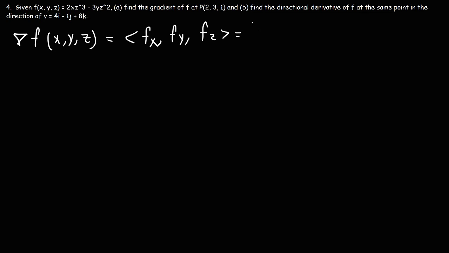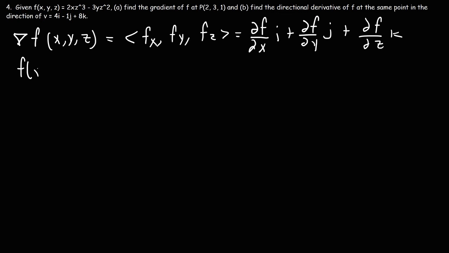Or we could write it in component form. So we've got the partial derivative of f with respect to x times i, and then the partial derivative of f with respect to y times j, plus the partial derivative of f with respect to z times k.